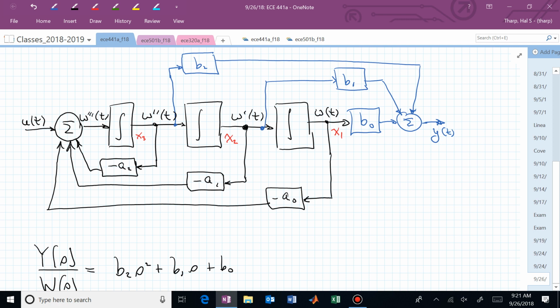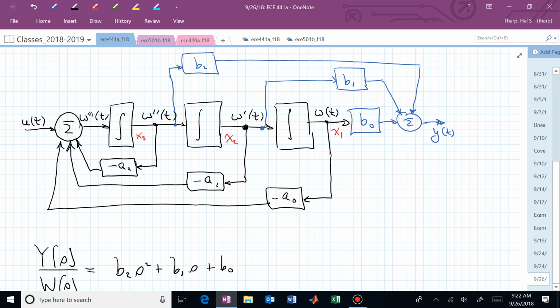What if W triple prime is fed forward? Then what do we do? It depends on where it's fed forward. But if it's fed forward inside here, it will just mess up the structure of our state variable description, but it shouldn't cause us any concern, because that's in effect feeding forward U and W double prime, W prime, and W. Do you see that?